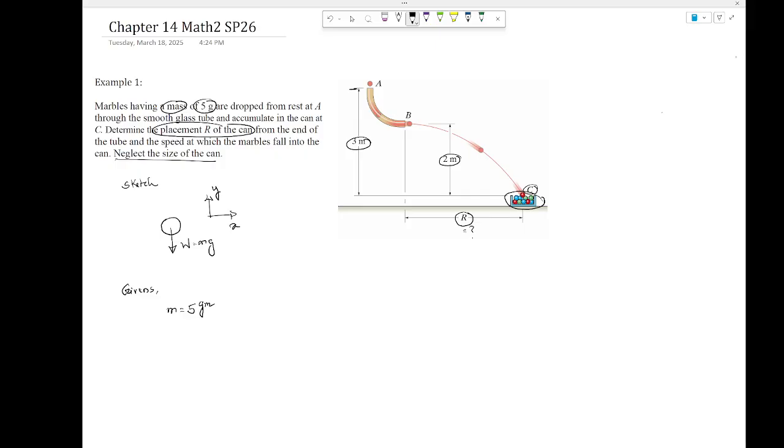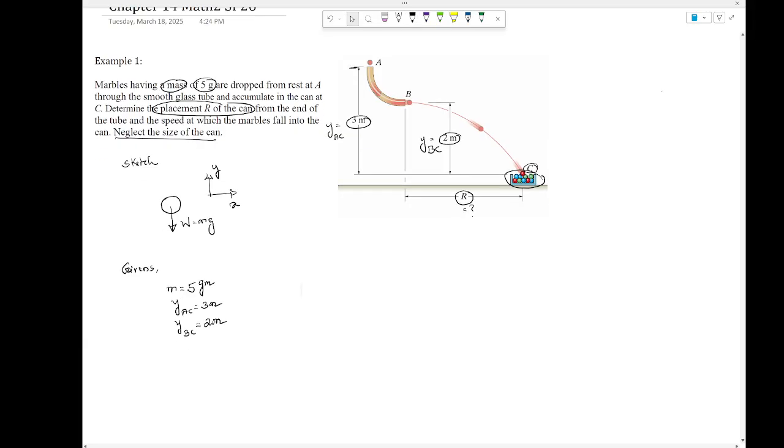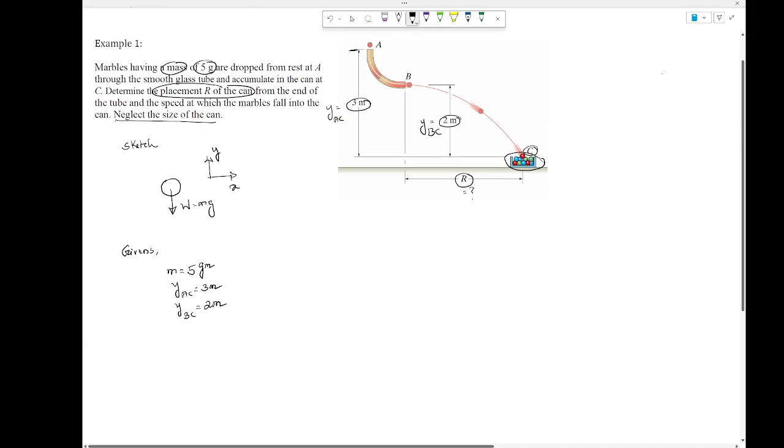Then the altitude difference, y from A to C, which we call y AC, and y BC. So you have those two dimensions given as well: y AC is 3 meter and y BC is 2 meter. These are the givens, and you are trying to find the value of r.